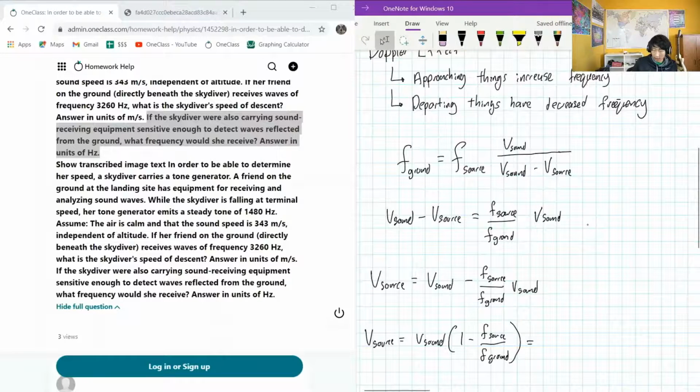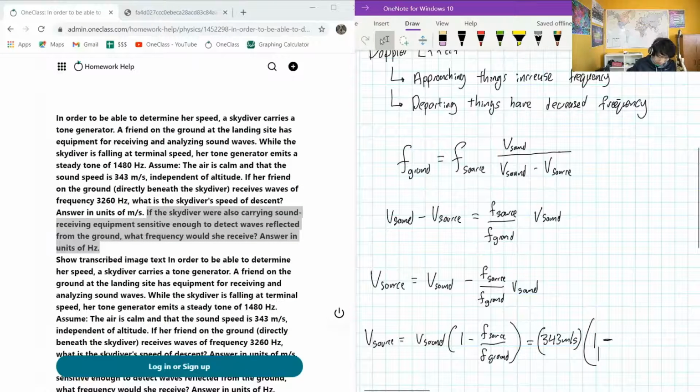Okay, so now we can just sub in the numbers that we need and calculate the velocity of the source, which is the diver in this case. So the velocity of sound is 343 meters per second multiplied by 1 over the source, which is going to be 1480 hertz divided by 3260 hertz.